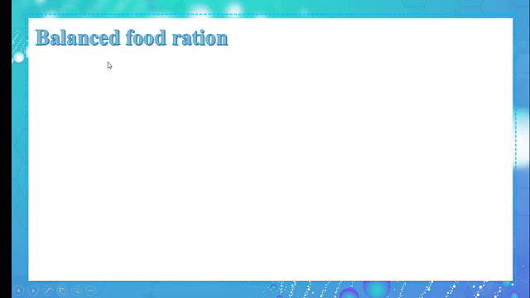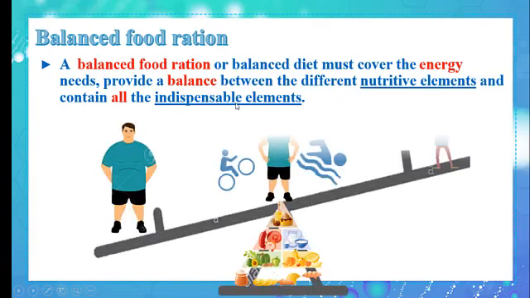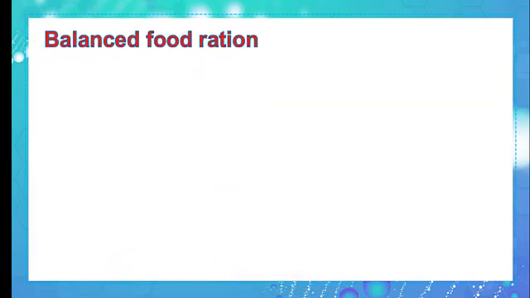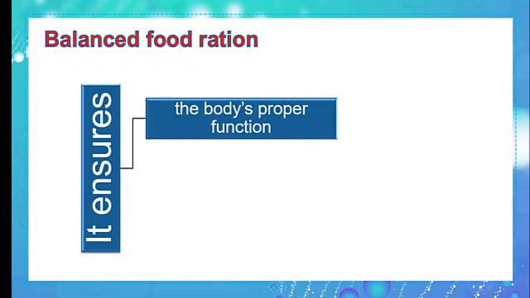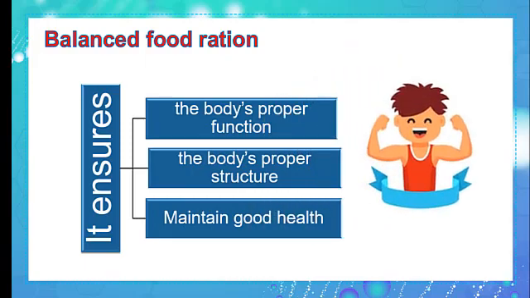A balanced food ration or balanced diet must cover the energy needs, provide a balance between the different nutritive elements, and contain all the indispensable elements. So, a balanced food ration ensures the body's proper function, the body's proper structure, and maintains good health.